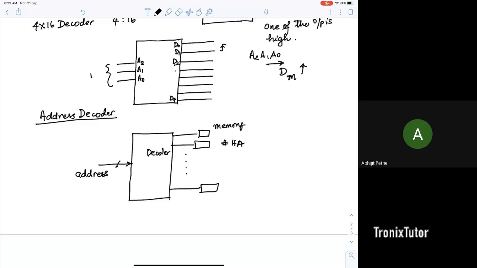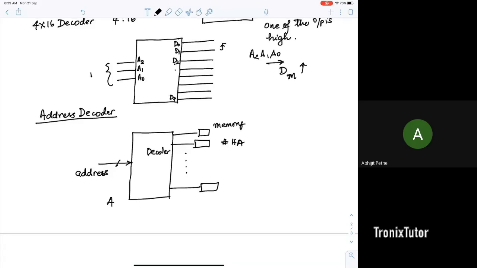So when my address is A, then the 10th line in the output is going to go high, and that is going to enable the memory connected to the 10th line. Once I enable that, I can call out the data from that memory.